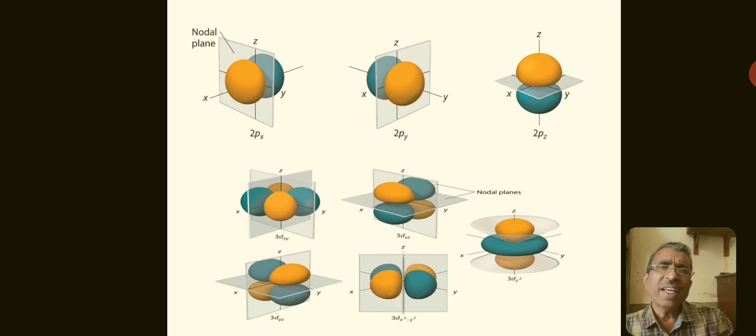This diagram shows the nodal planes. The p orbitals are dumbbell in shape, and in between the two lobes we have a nodal plane, or a node region, where the probability of finding the electron is less. Here, the yellow color shows the positive part of the lobe and the green color shows the negative part of the lobe.